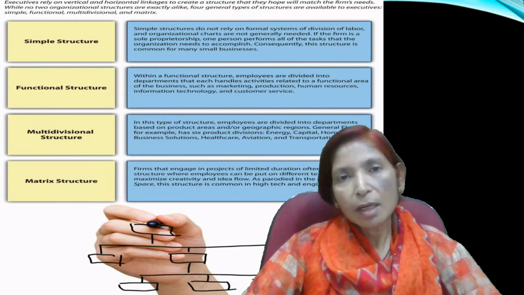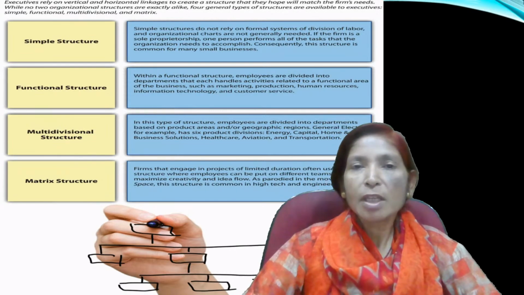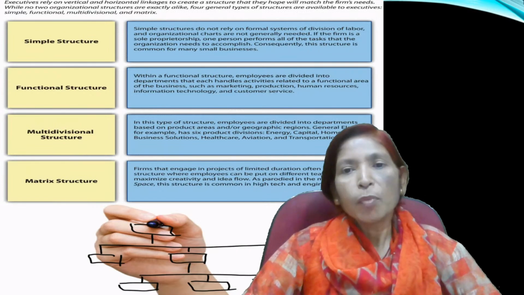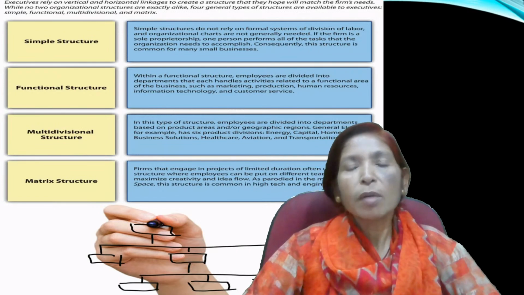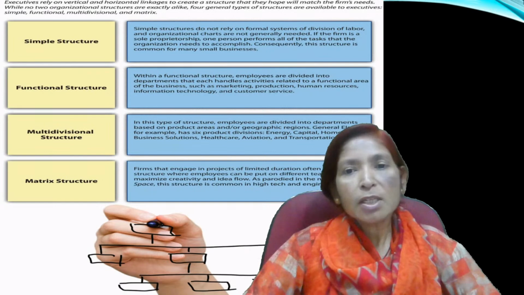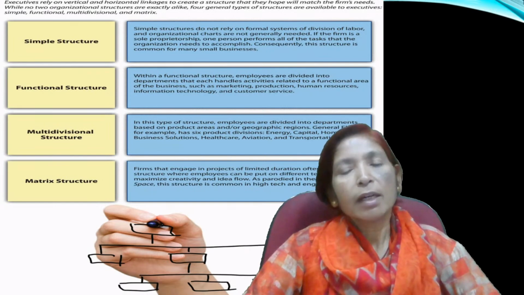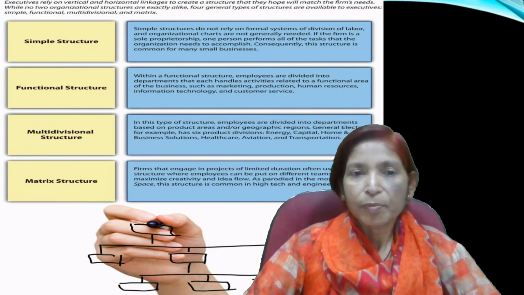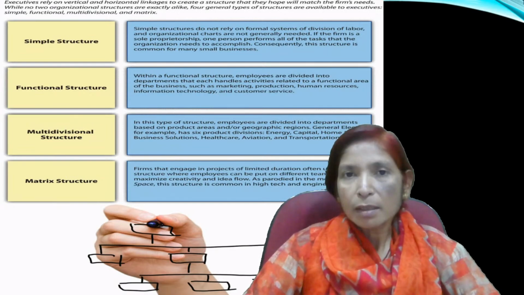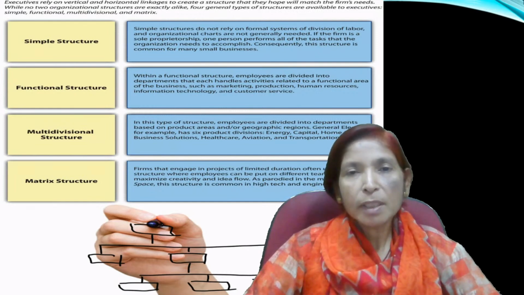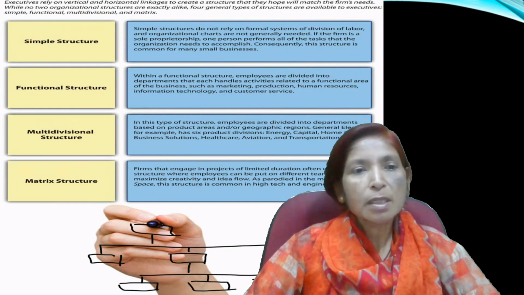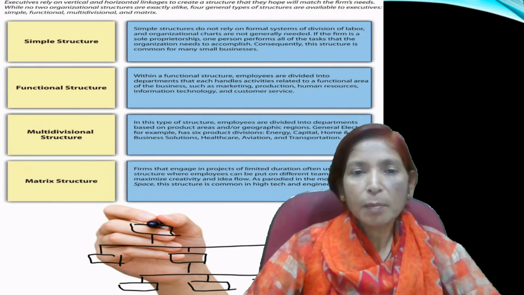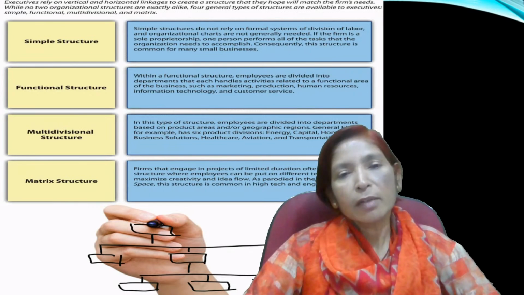Second is functional structure. Within this functional structure, employees are divided into departments that each handle activities related to a functional area of the business, such as marketing department, purchase department, production department, human resource department, information technology department, and customer services.